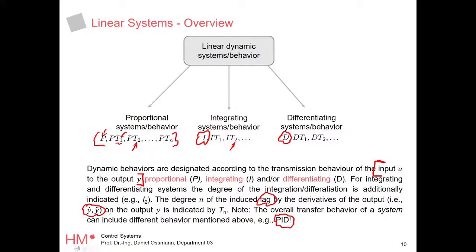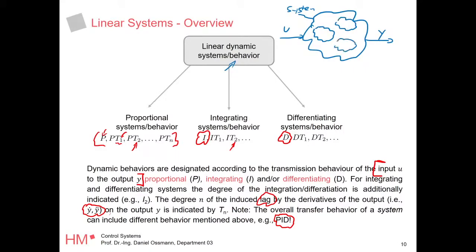Why do we use the terms behavior and systems? This is also something I tweaked yesterday. I have a system, right? And this system has, as we said, an input and an output. This is what we call a system. But this system has these subsystems or sub-behaviors, right?